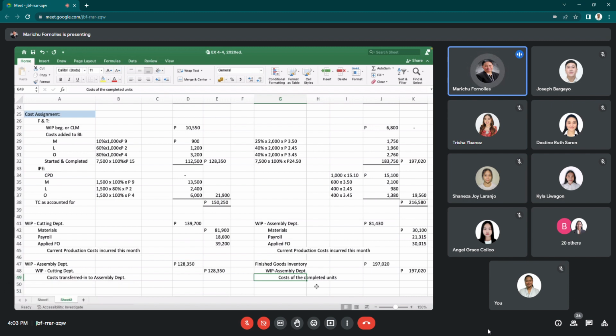So that comprises the total, it accumulates. You can then determine the total cost of making this product. The product was made in two departments, both cutting and assembly, so you have to combine the costs incurred in those two departments for the finished products that were ultimately transferred out to the warehouse.